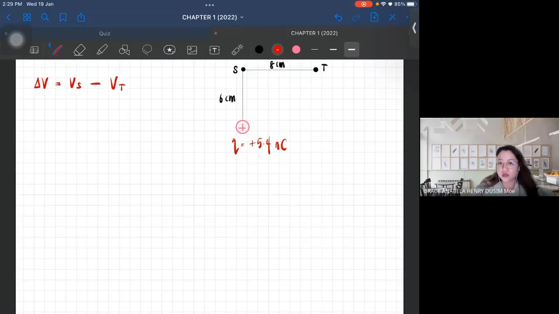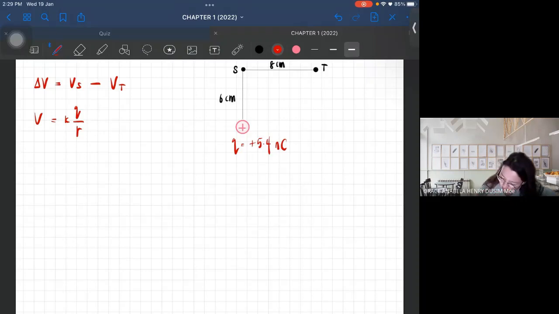Firstly, what we will be doing is write the formula. So V is equal to KQ over R. So that is the formula for electric potential.